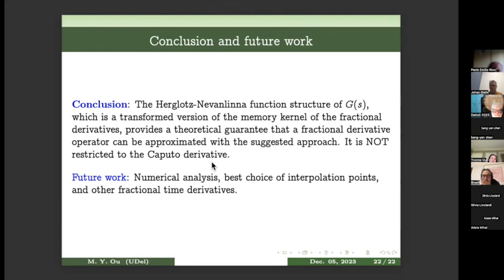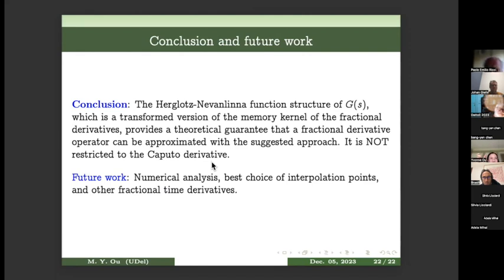So that's the performance. And the conclusion is that the Herglotz-Nevanlinna function can handle time fractional derivatives. The reason is the following: we can have different derivatives. We can have Riemann-Liouville, we can have Caputo, we can have all other things. But no matter what they are, these kernels have to be causal if your system is passive.